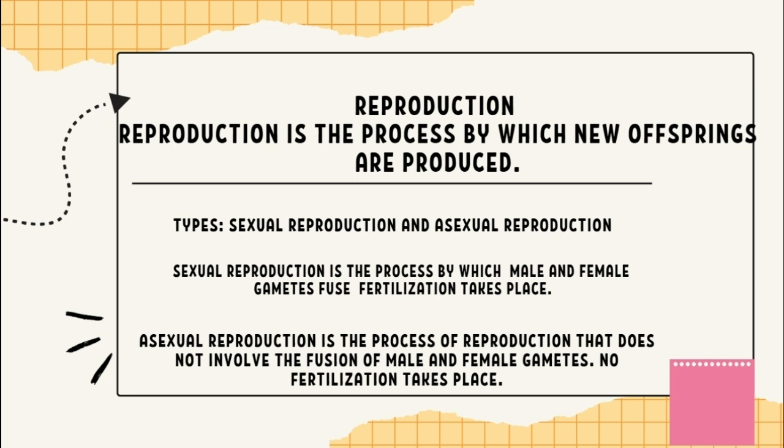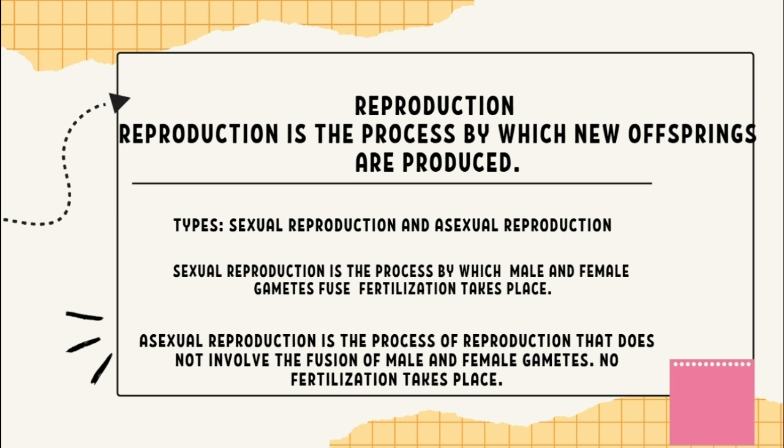So basically there are 2 main types of reproduction: sexual reproduction and asexual reproduction. Off the bat, human beings don't undergo asexual reproduction. Let's just put that out there, right? We don't undergo asexual reproduction.